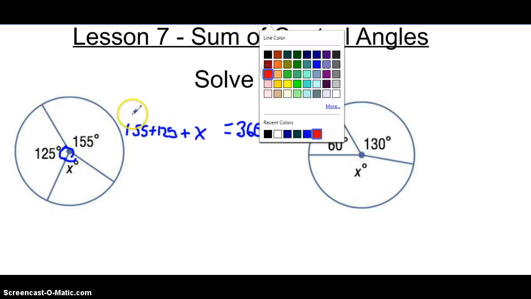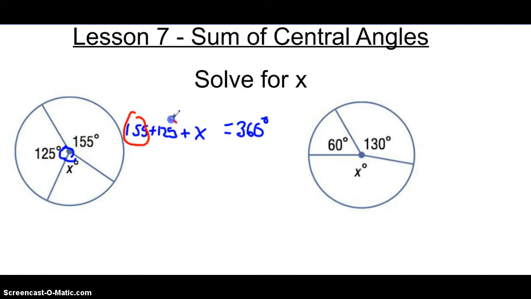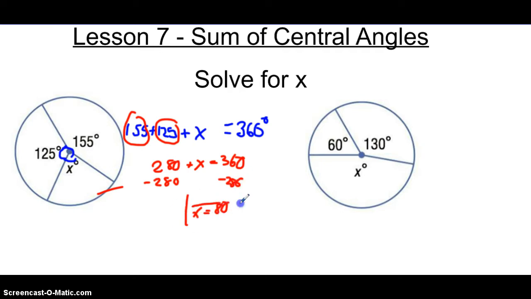We solve by combining like terms. We add 155 and 125 together, we get 280 plus x equals 360. Subtract your 280 from both sides, and you get x is equal to 80. And that's it. Just set your equations up, and you should be fine.